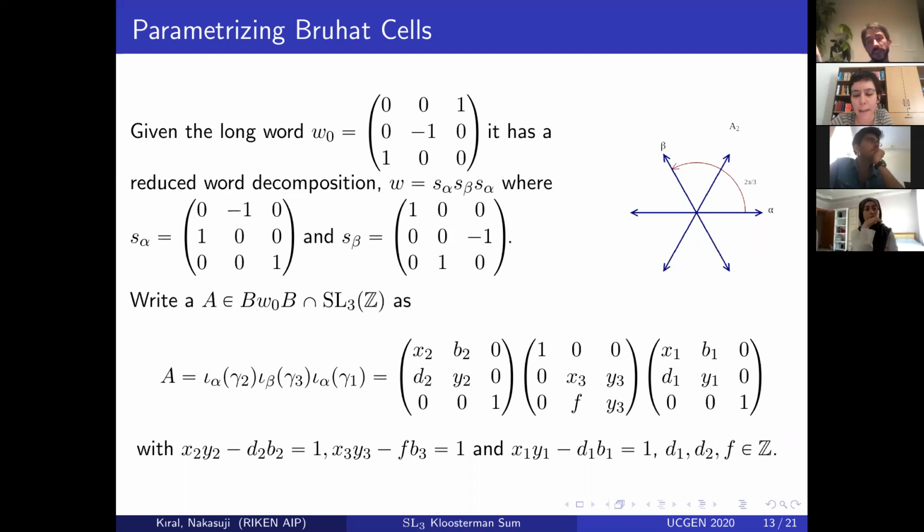I wanted to have the F associated to the alpha plus beta root. So that was the one in the middle here. And so it would be F, 1 over F on the other side. And then I wanted to associate D2 to the beta root. So if I order my simple roots, I want to have D1, D2 follow the simple roots. And this is the one that gave me that.